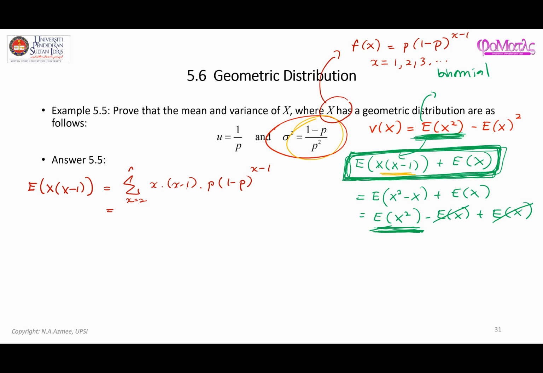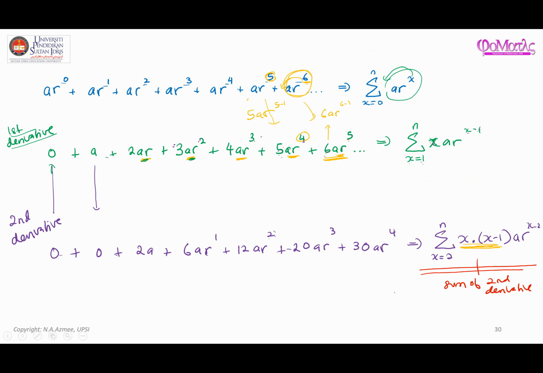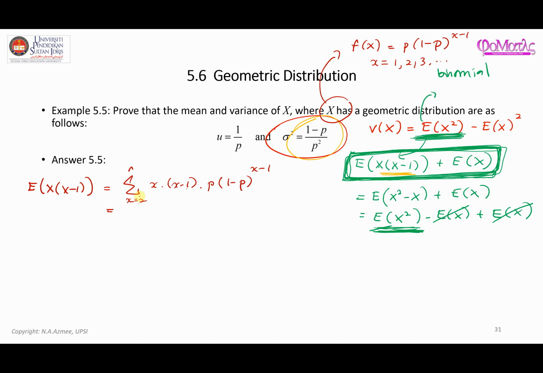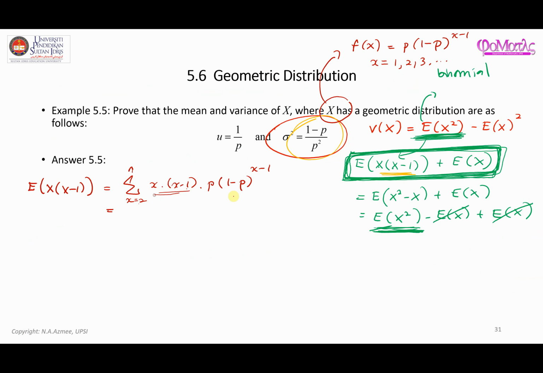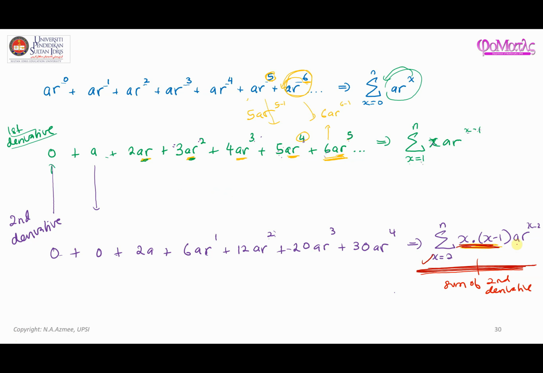And I hope you can see that it looks similar to what we've got here. Looks similar, except that this part is similar. We have x is equal to 2 until n, and this part here is similar, but we got something right here and something right there, which looks a bit different to this guy and this guy, but it doesn't matter.